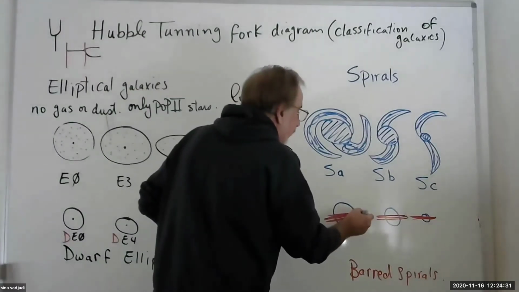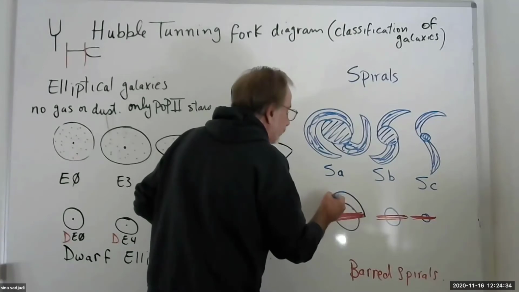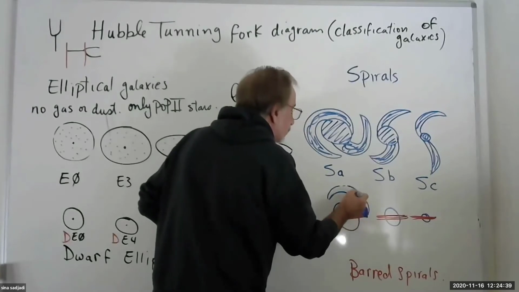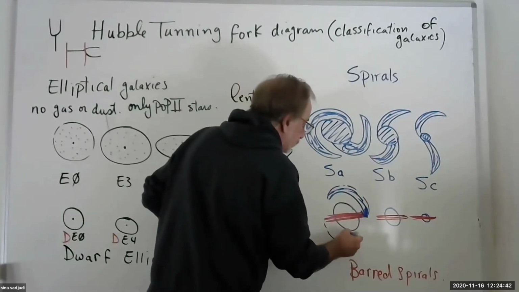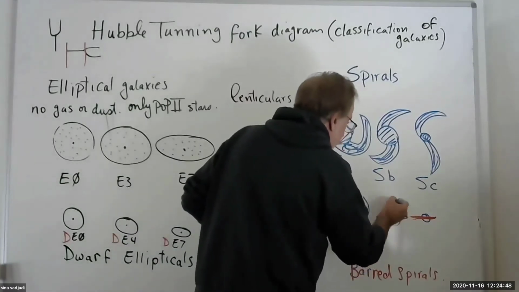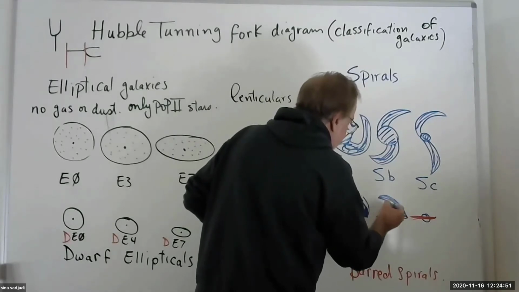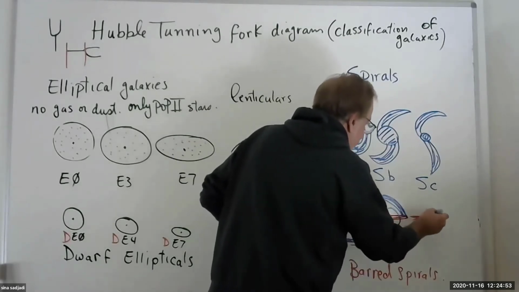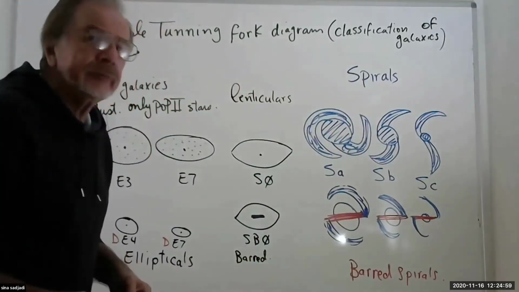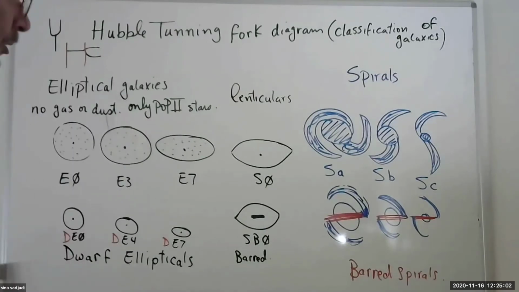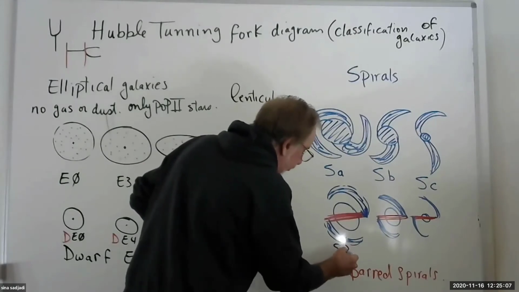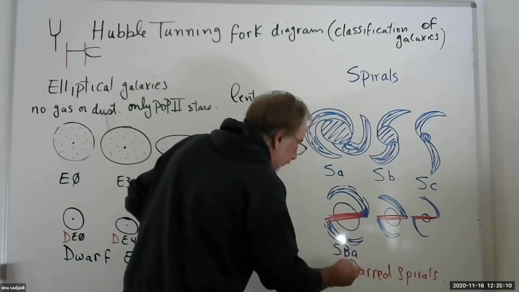And then with the bars, the spiral arms come from the end of the bars. Like that. A little more open, and then really open. So these are called S, big B for barred, and then little a.